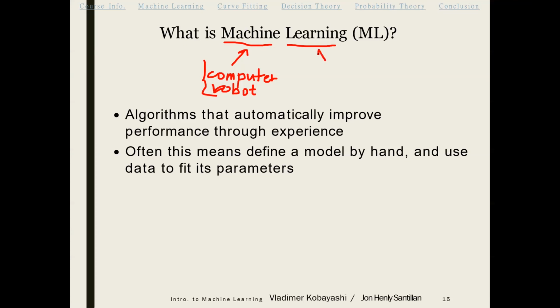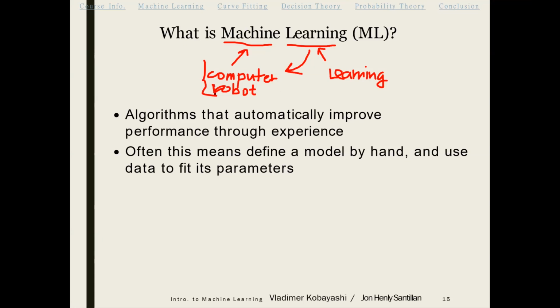And learning is the usual learning. How do we learn? So humans learn. How do we learn? I'm teaching you now. You're listening to me. And then maybe if you study, then you learn something. And the goal of machine learning is actually to make computers learn.